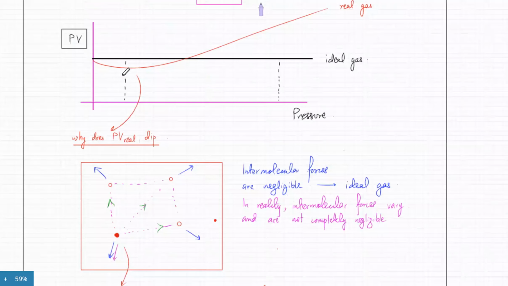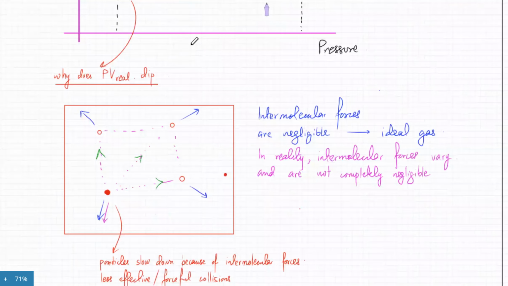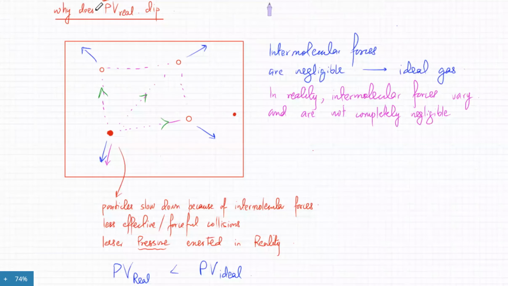So the ideal gas is supposed to be a straight line, but a real gas actually takes a dip. When you go and measure the actual pressure and the actual volume, and you plot the product of pressure into volume, you get a dip. You don't get a straight line. And I explained why you get a dip. The reason was that in reality, gases attract each other.